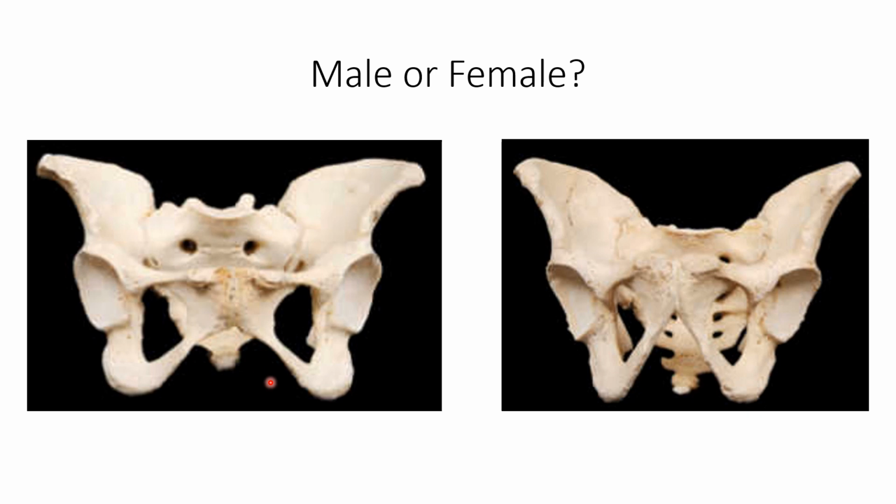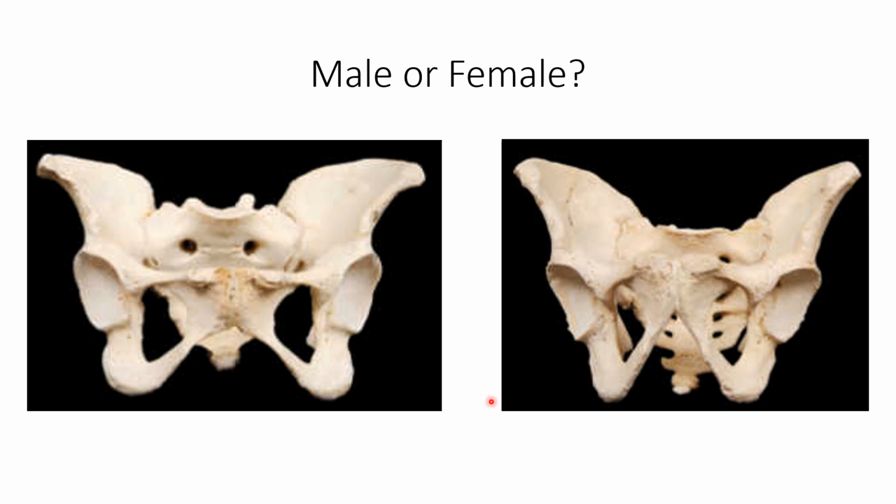And this is the angle that's formed by the two pubic bones. If you notice, that's wider in the female for the birth canal, that makes it kind of obvious that this is a female pelvic girdle. In the male, the pubic arch is narrower.